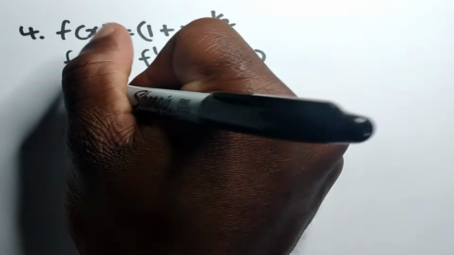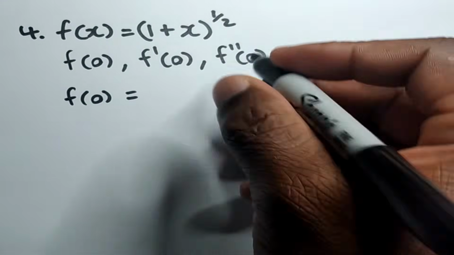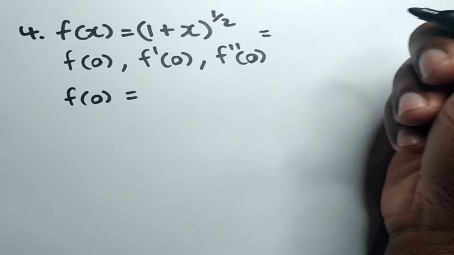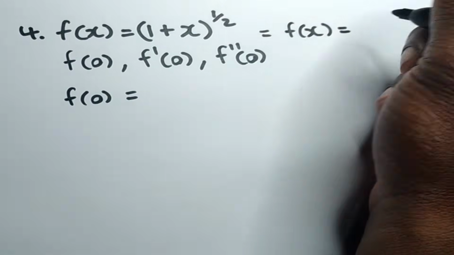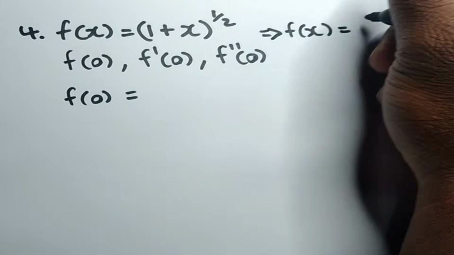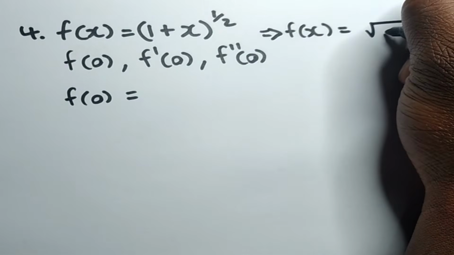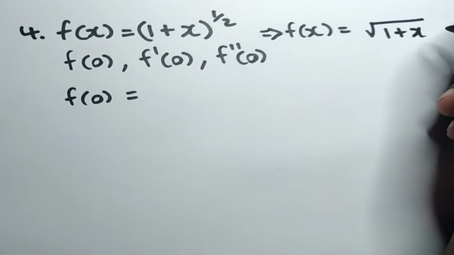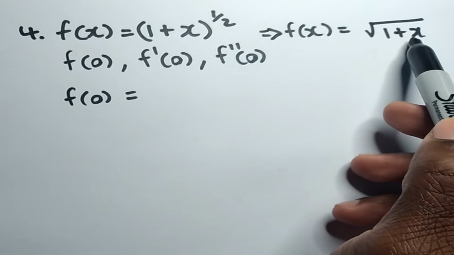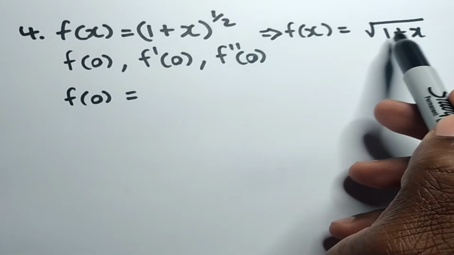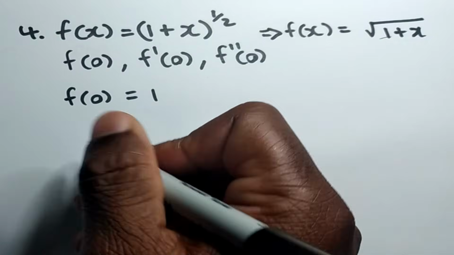So f of 0: a key thing to note is that f of x is equal to 1 plus x raised to the power of a half, which is the same thing as the square root of this entire thing right here. So always bear that in mind. So f of 0, if we substitute 0 here, we'll have 1 plus 0, the square root of 1 is 1, so f of 0 is 1.